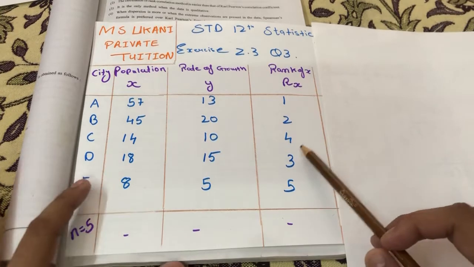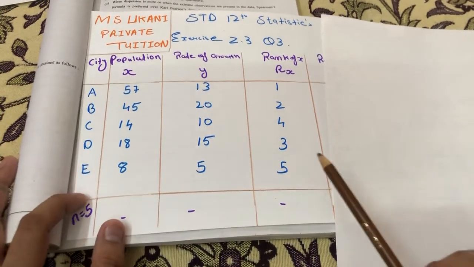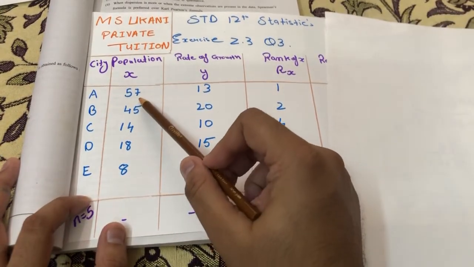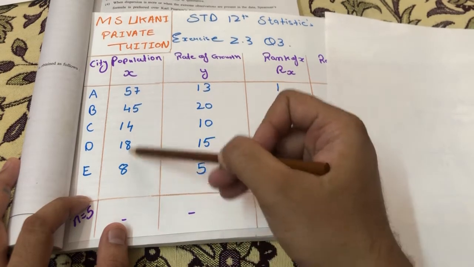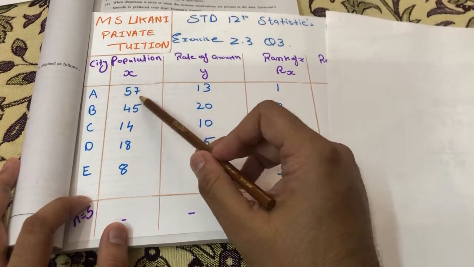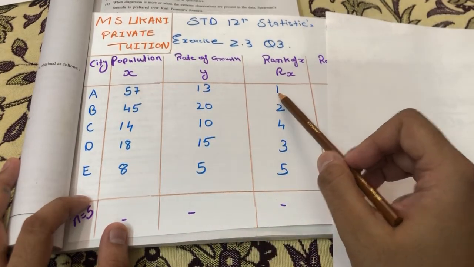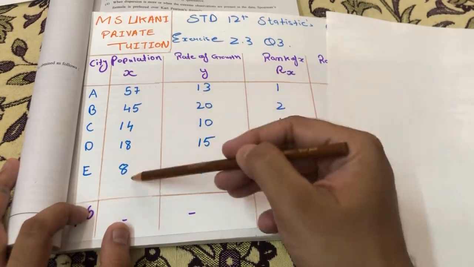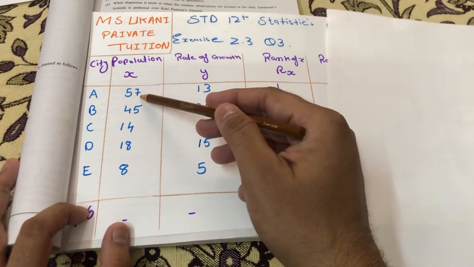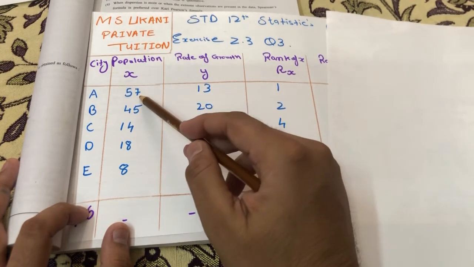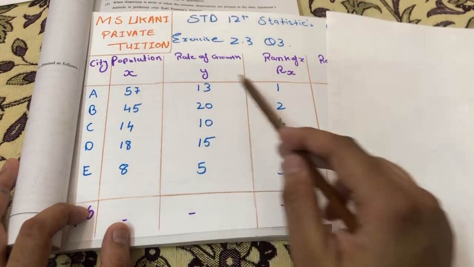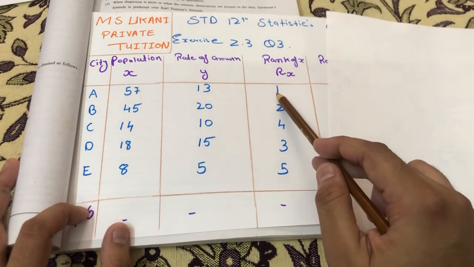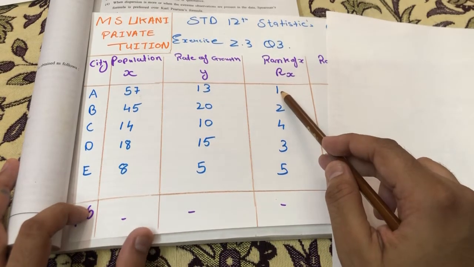Now how to prepare the Rx? Whichever digit is the greatest of all these digits, we have to give the rank first. So observe, the greatest number from all these digits is 57. So here I had given Rx number 1, meaning rank number 1.